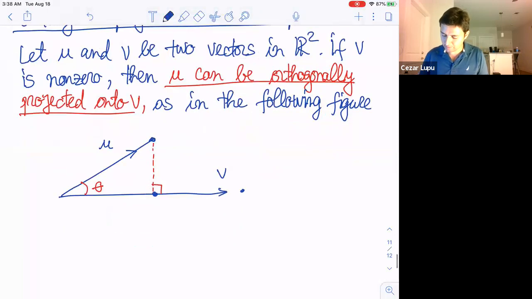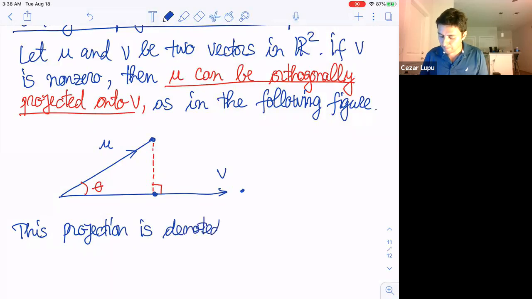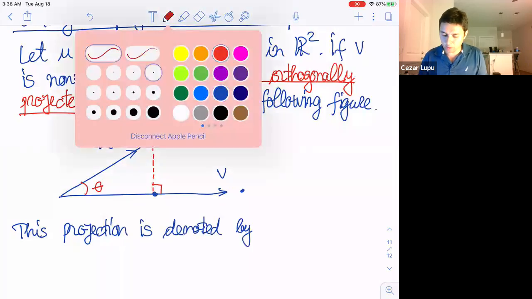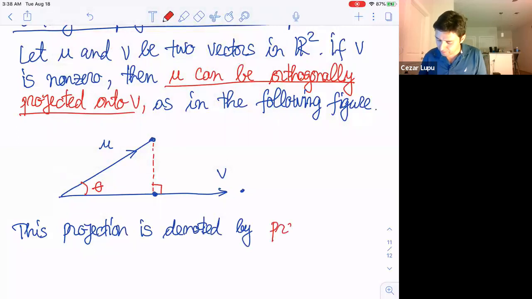This projection is denoted, and we're going to write it in the following way, as the projection of u onto v, which will be nothing else than just, well, let's say a scalar a times v.